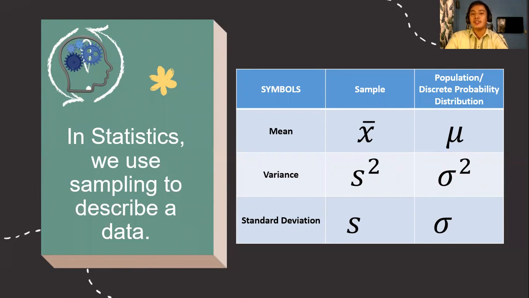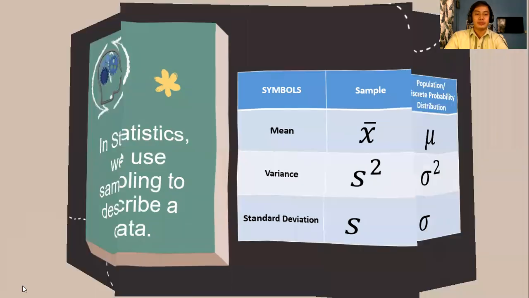And since the standard deviation is the square root of the variance, we also use the symbol sigma. With your familiarity with these symbols, you will now encounter the symbols mu, sigma squared, and sigma in computing for the mean, the variance, and the standard deviation of a discrete probability distribution.